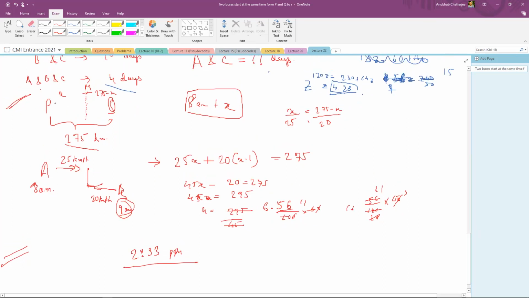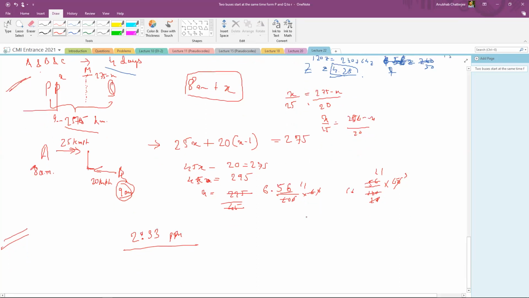Just reduce 25 from the first set. Now A also starts from 9 a.m. The total distance is 250, and then you work it out. So x by 25 should equal 250 minus x by 20. Make sense? Kavita, same problem? Okay, fine. Everybody's clear?